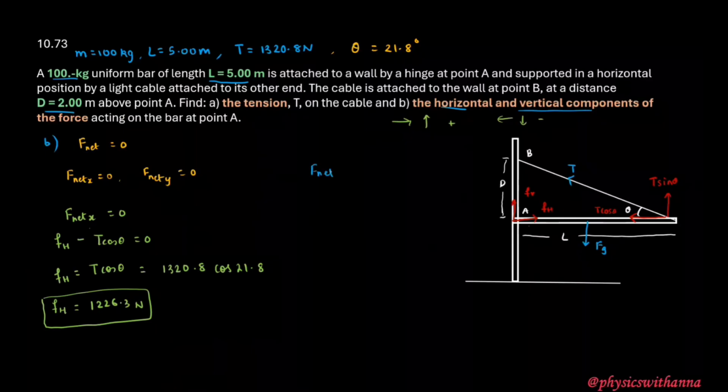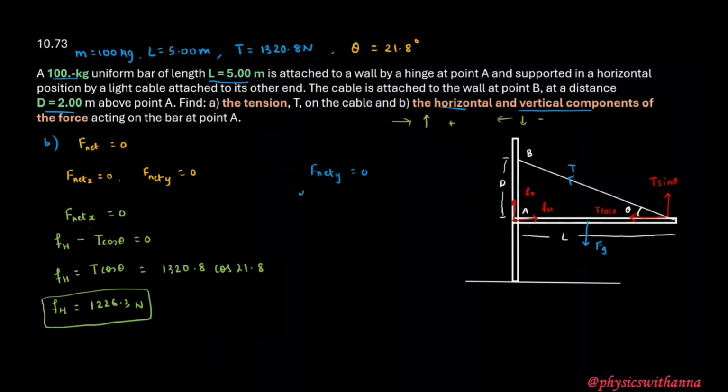Then we do the same thing for forces along the y-axis. We write F net y equal to 0. Again, F net y is the vector sum of all forces acting along the y-axis. Along the y-axis, we have three forces. One is the vertical force Fv. Then we have the force due to gravity Fg pointing down. And then we have T sine theta pointing up.